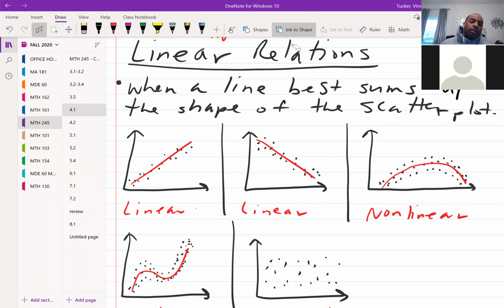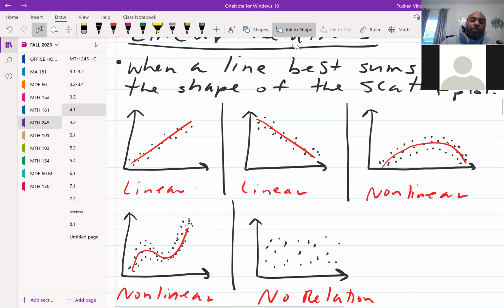Now, just because it's not a linear relationship does not mean there is no relationship. So you see how we have an arc in the third example, then we have a wave in that fourth example. And then on that fifth one, that would be an example of no relation at all.